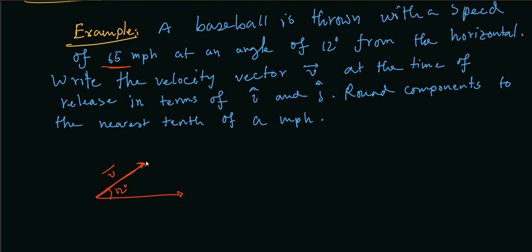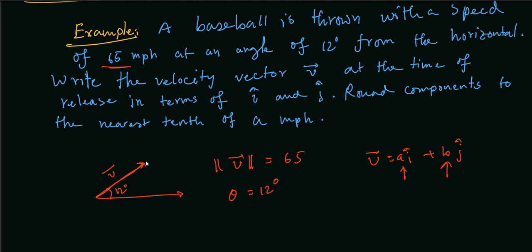65. So we have to find the vector notation in terms of i and j. What we are given is the magnitude of the vector, which is 65, and the direction theta equals 12 degrees, and we have to find v equals ai plus bj, but we don't know this a, we don't know this b.